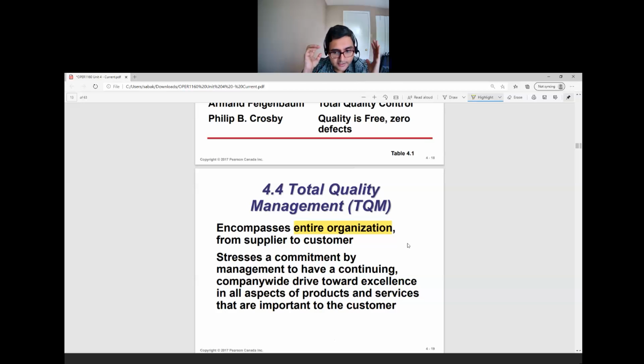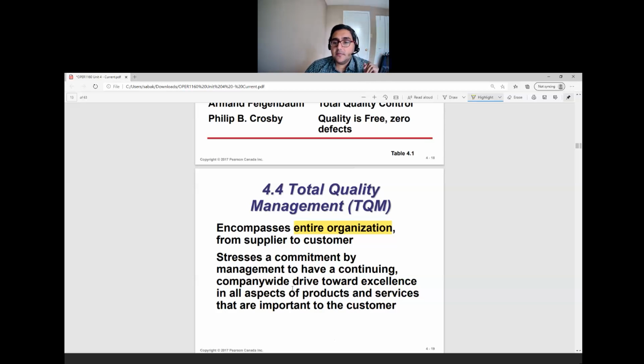The focus is from the supplier who gives you the raw materials, the entire process inside your factory, and then supplying the finished product to your customer. You try to achieve the best in each stage of your organization.